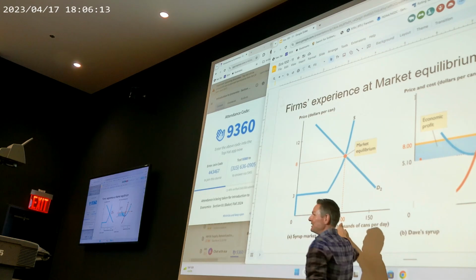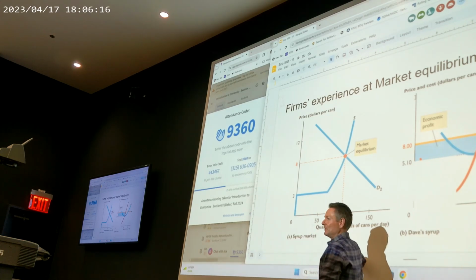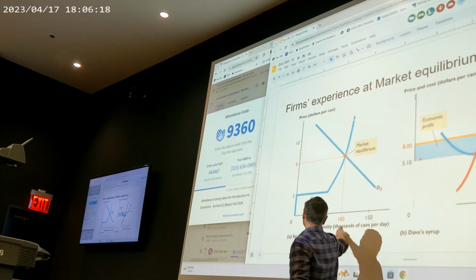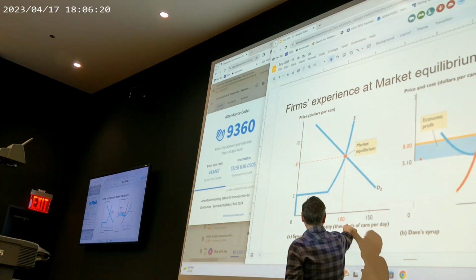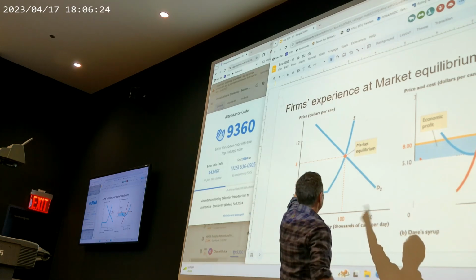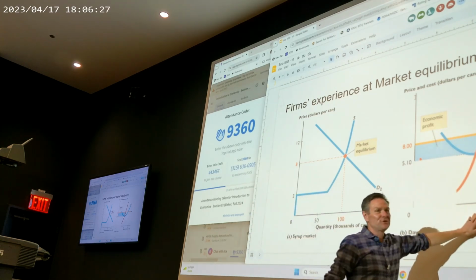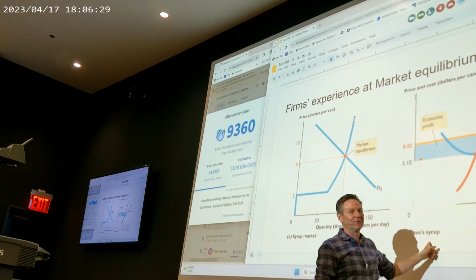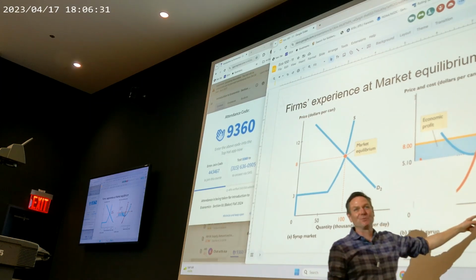Here I have thousands of cans of maple syrup. Here's my maple syrup on this lovely fall day industry. Thousands of cans per day, right, in this maple syrup market, price of 8. Over here we have the individual maple syrup firm, Dave's Maple Syrup, right, making 10 cans per day, right?